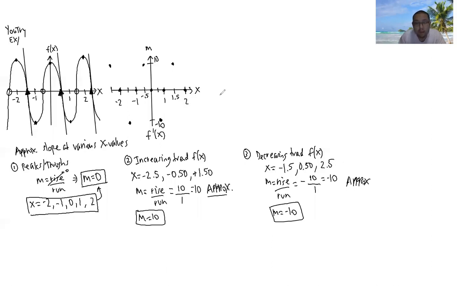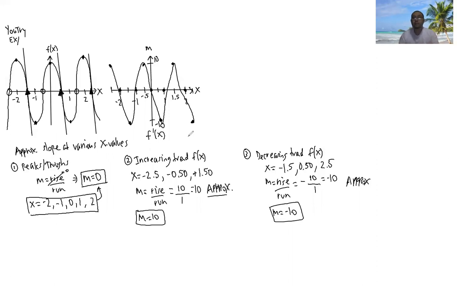And at x is equal to positive 2.5, which is here, it's going to be -10. So now you have all your points, right? And all you got to do is connect them together. Okay, and it could be a little more round.